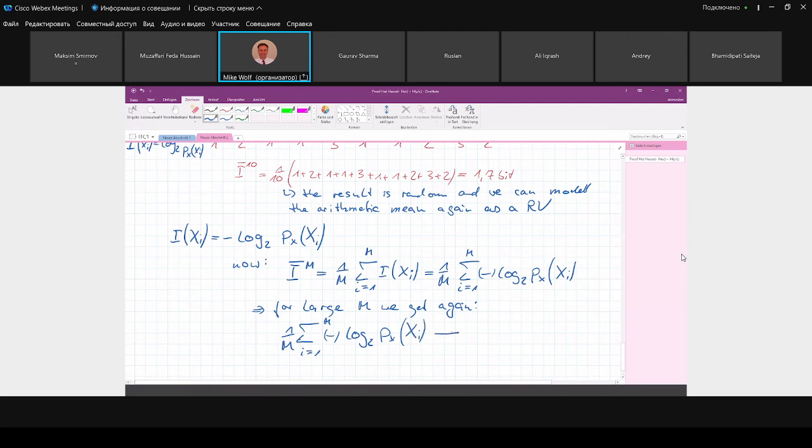This converges in probability to the expected value of minus log 2 P_X of X, because this is our random variable now. But this is just what we denote as the expected value of the information content. This is the information content of a random variable. The expected value is just entropy.